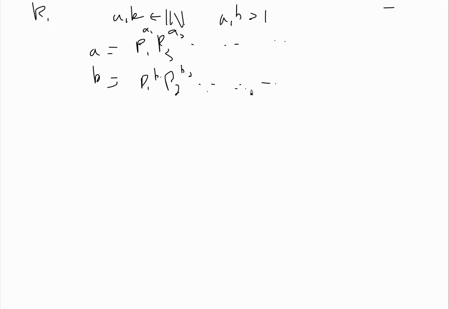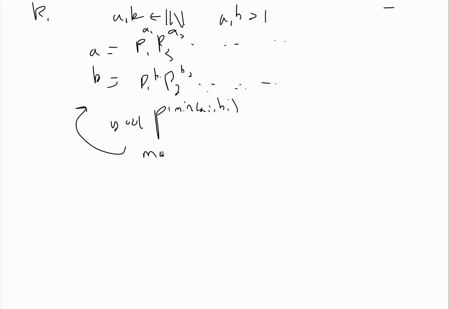Now what GCD actually does is we take the lowest term, the minimum, of a_i and b_i. The same for LCM, but instead of taking the minimum number, we take the maximum of both numbers.